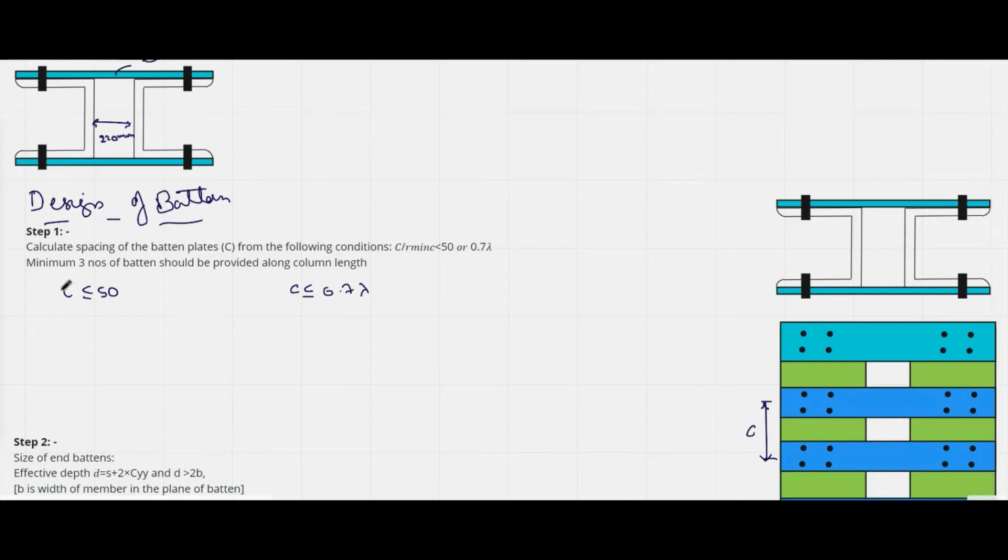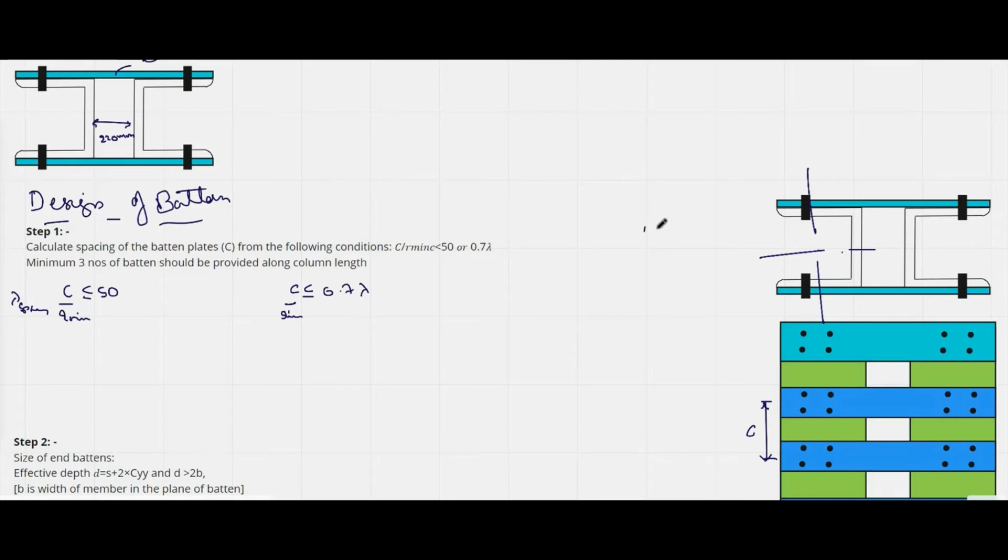The slenderness ratio of the spacing is C by R minimum. So when we consider a single channel, there are two axes in a single channel.